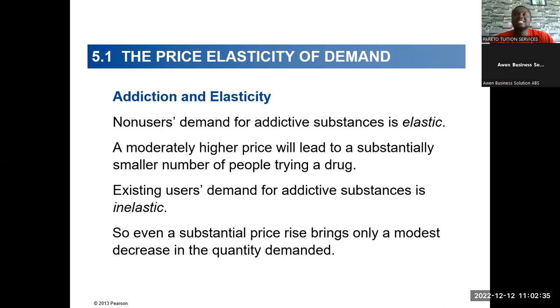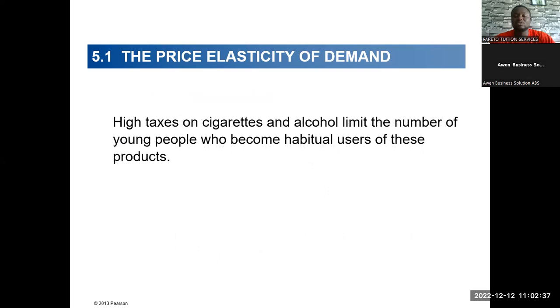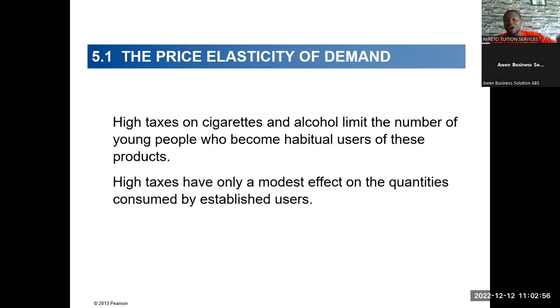So if the government should put taxes on these abusive substances, the only effect it will have will be on those that are not using it now. We are not using it now, and you've increased the price, so it will prevent us from even entering into that habit. But for those that are already there, the effect of the tax on them will be very small.